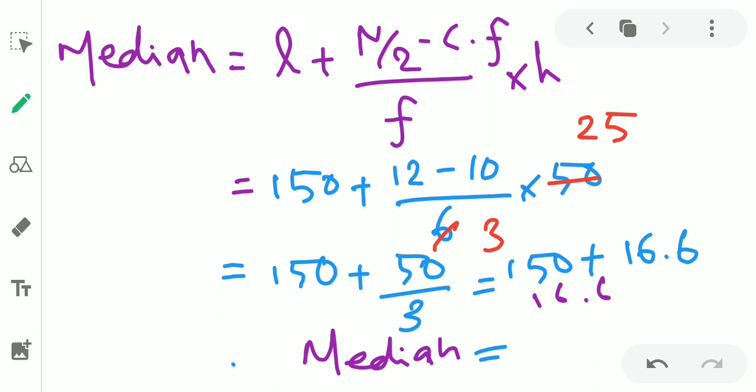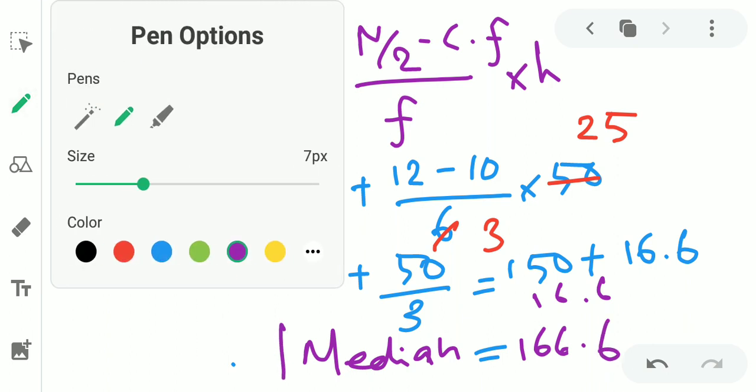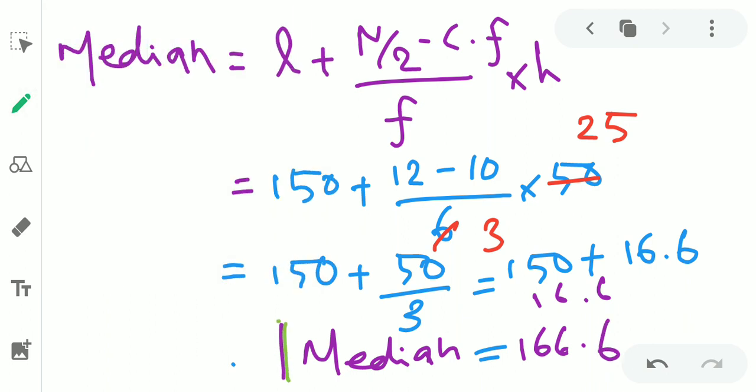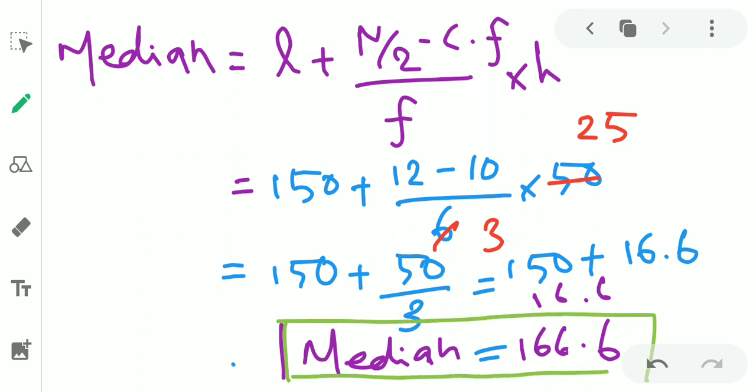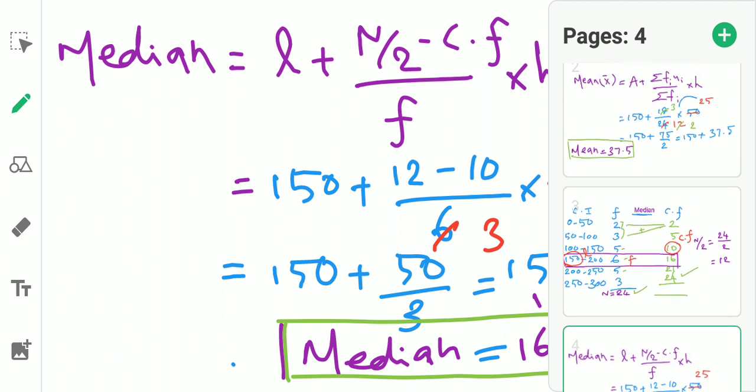So the value we will get is 166.6. So this is how we will get the median of the given data, 166.6. So what is the value of mean we got?